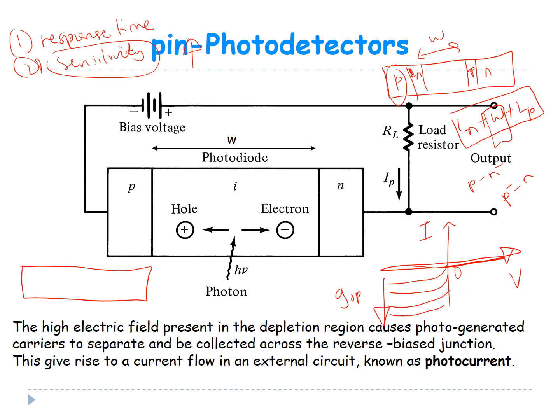I'm saying this is W, this is P, this is N, and then this is LN, this is LP.